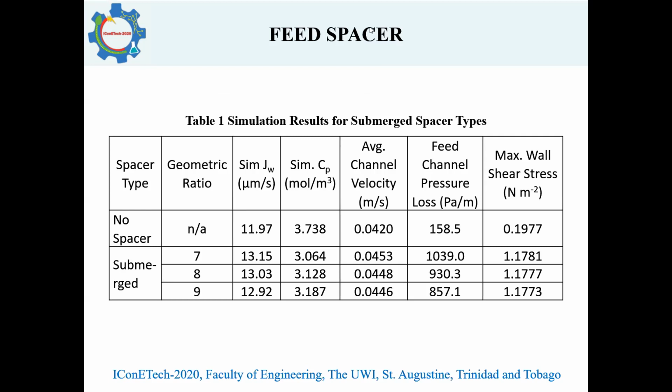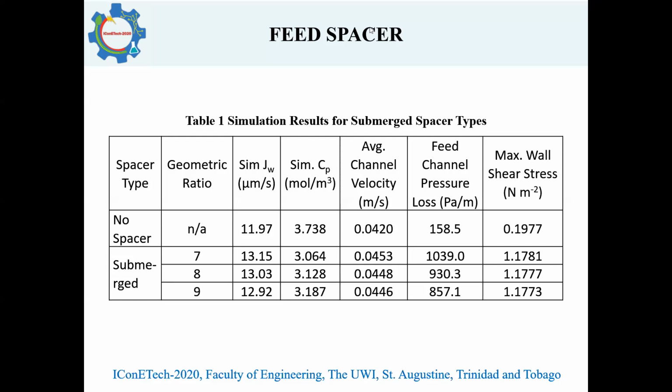Now, having conducted further simulations, we looked at three spacer types, namely submerged spacers, cavity, and zigzag. What we found is that, independent of spacer type, we have an increase in permeate flow and a reduction in solute flow, or permeate concentration.